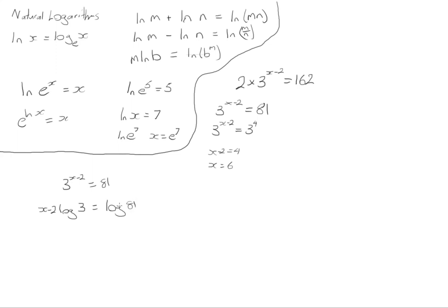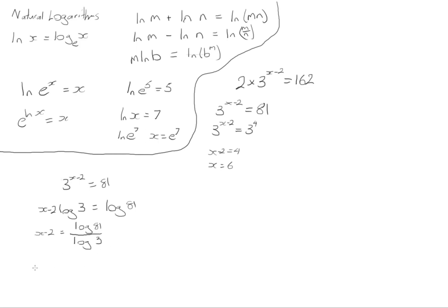Alright, let's go through now. Let's get these logs on the same side. So I'm going to have x minus 2 is going to be equal to the log of 81 divided by the log of 3. Now, like we've done in the past, if we work out what power we can raise 3 to get 81, well, we know that that's 4.